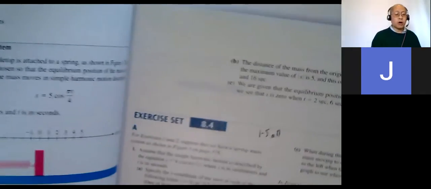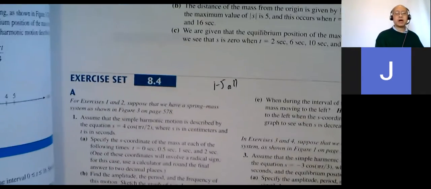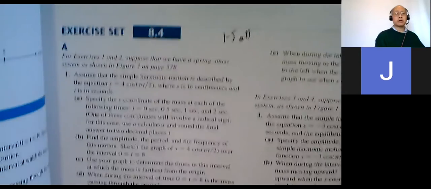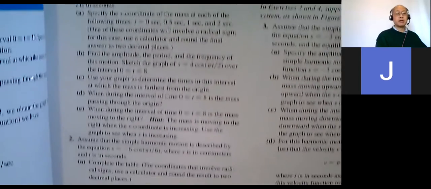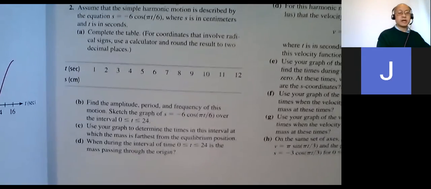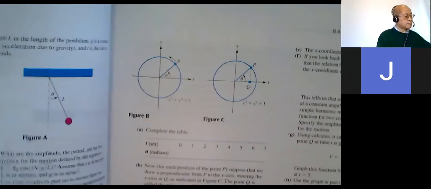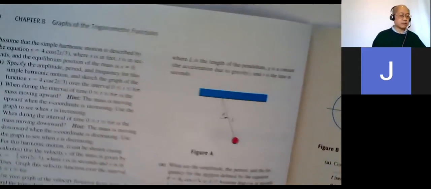Right now, there are only, quote unquote, 5 problems, but you can see how long any one problem is. Look at number 1, A, B, C, D, E. Number 2 has A, B, C, D, E, and 3 looks like A through H. So even though there's only 5 problems, each problem has parts A, B, C, D, and so on. 4 is A through G. My goal right now, at least, is to show you the even ones because you don't have the even answers in the back of the book.